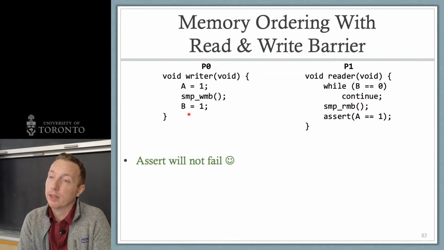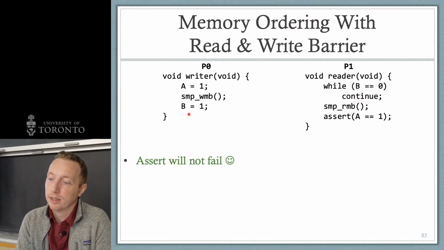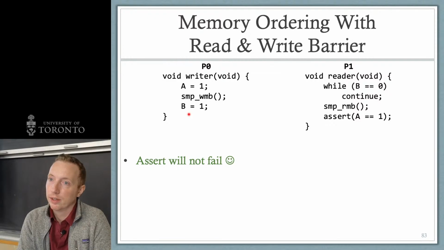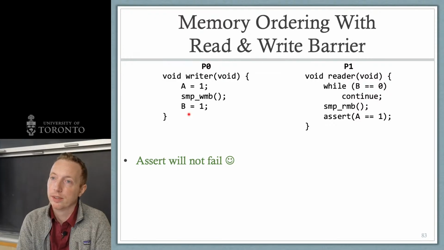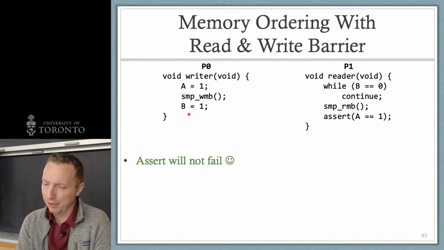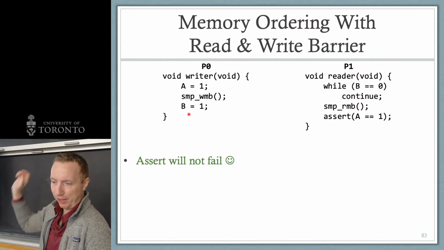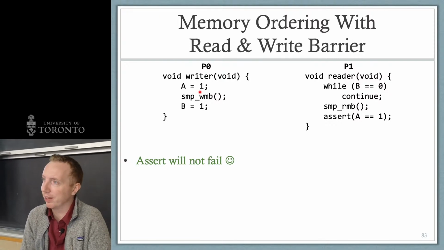Like get rid of the SMPWMD and SMPRMD calls by writing it differently, so that instead of initializing on one thread and then doing a bunch of operations on another thread, we reorganize things such that I don't need these reads and writes?